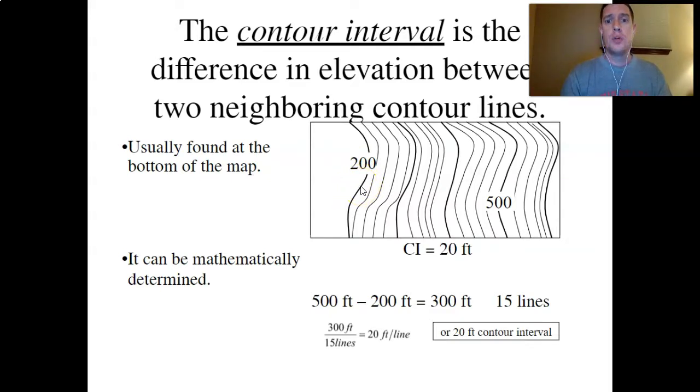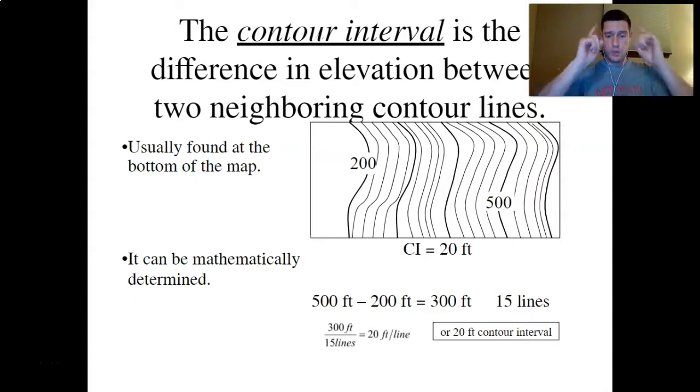Okay, and I'm going to go 1, 2, 3, 4, 5, 6, 7, 8, 9, 10, 11, 12, 13, 14, and I stop here, which is 15. So that 300-foot elevation change on this map has been cut by 15 lines.